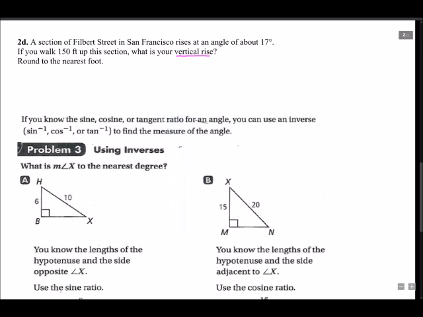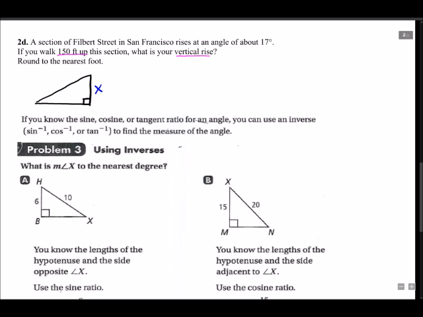And we walk up the street, 150 feet up the street. So what do you suppose this looks like? Our street rises up. We can make this. And we want to know, this would be our vertical rise.